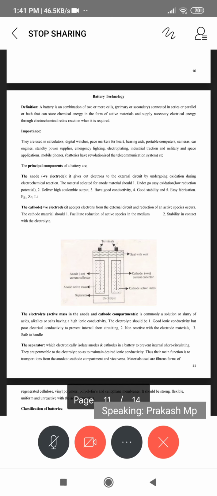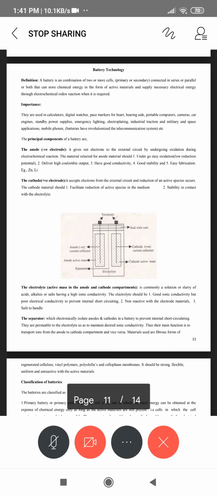So finally, what we can call it is a compact device, which means more than one cell can be joined. It is a compact device which can convert chemical energy into electrical energy through a redox reaction.